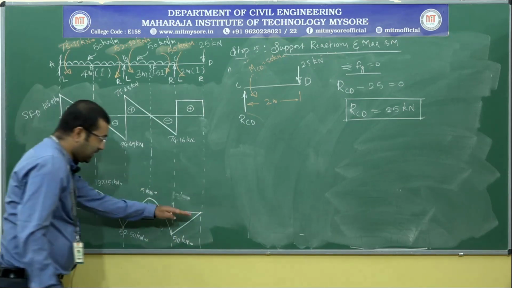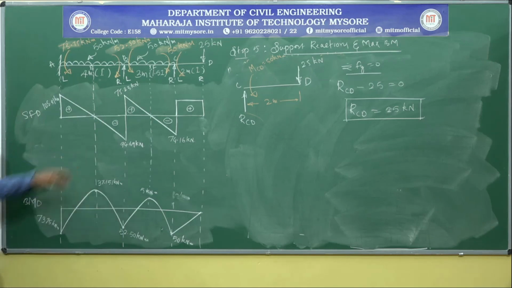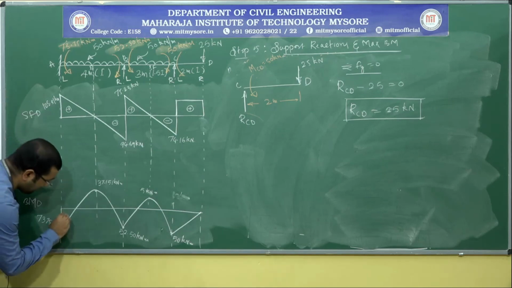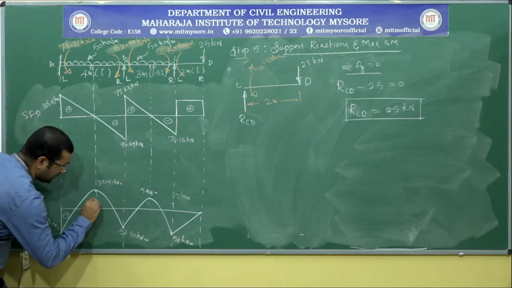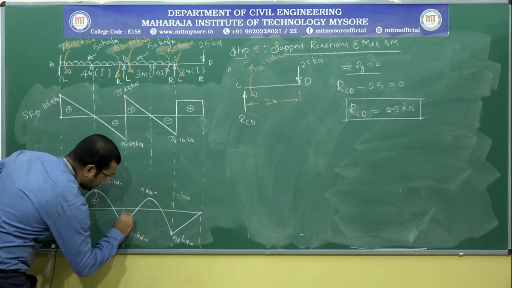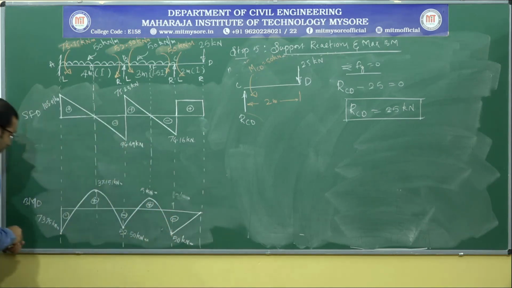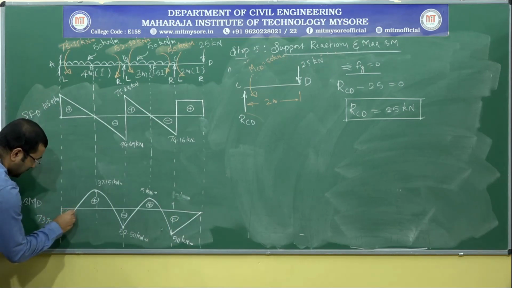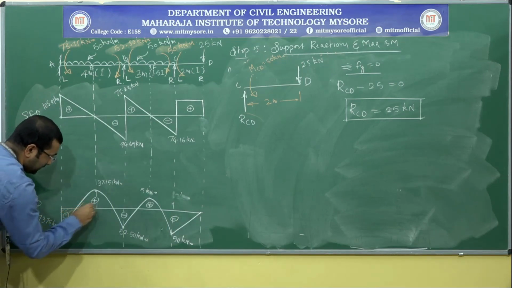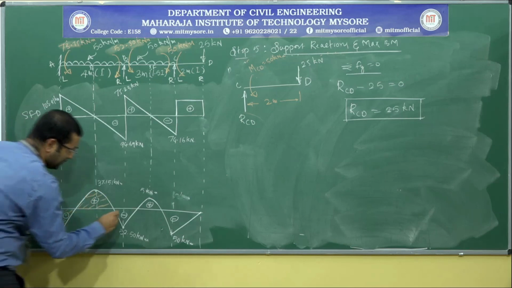As this is the datum line, whatever diagram is above the line is a positive bending moment and below the line it is a negative bending moment. So let us mark it: negative, positive, negative, positive, negative. Let me hatch this so that we can make it a little beautiful.